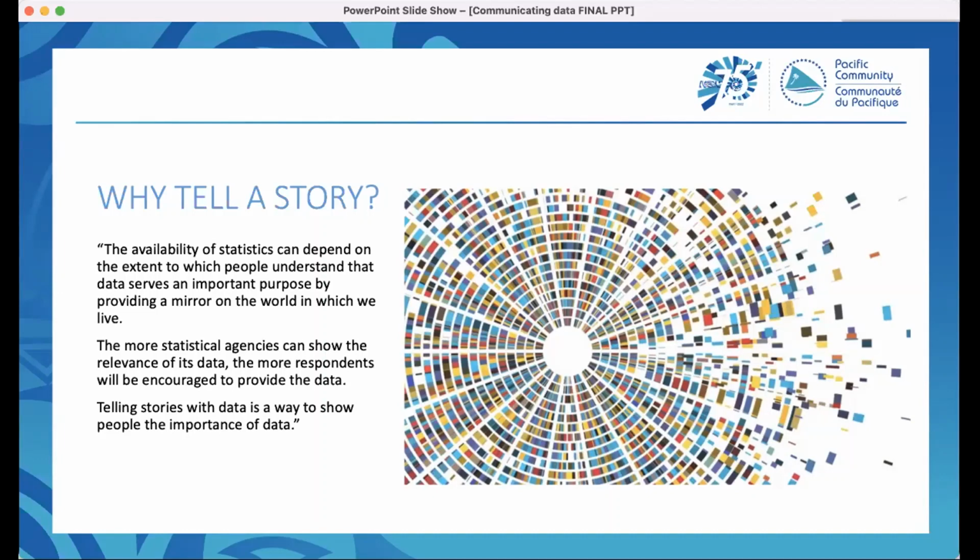The more a statistical agency can show the relevance of its data, the more respondents will be encouraged to provide that data. So essentially, by telling stories with data, we can illustrate to people the importance of data.